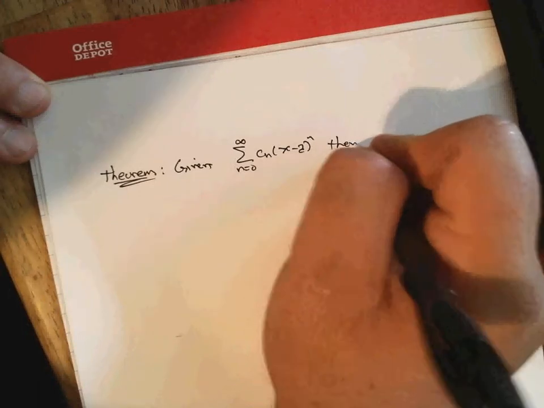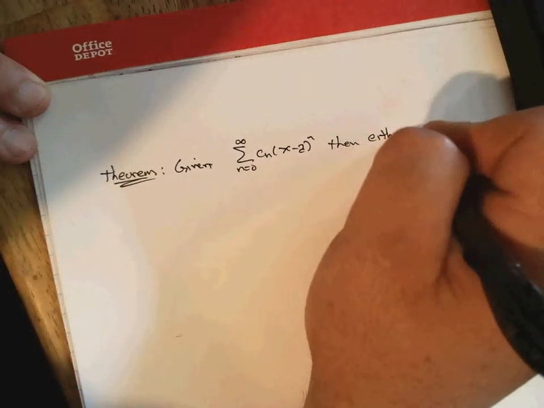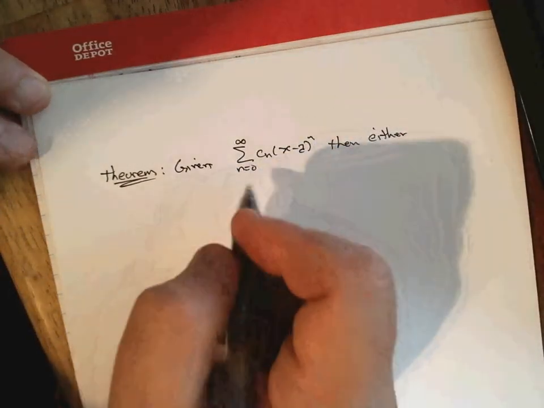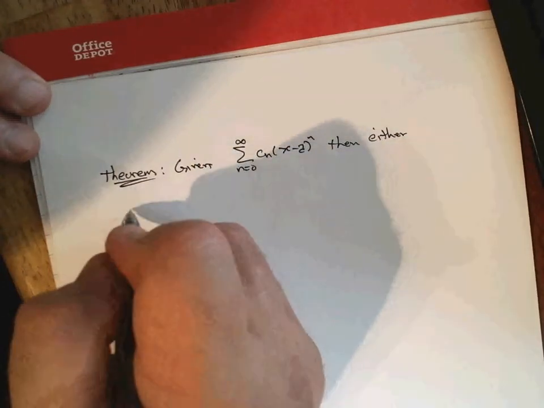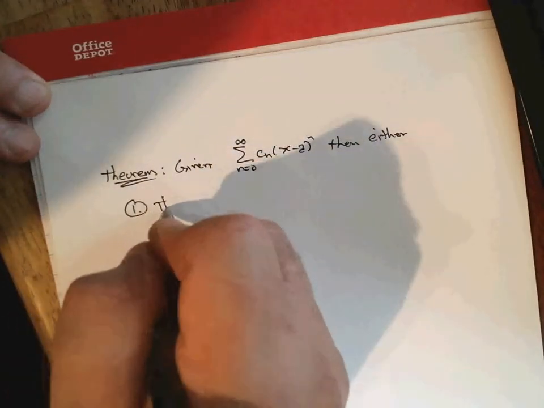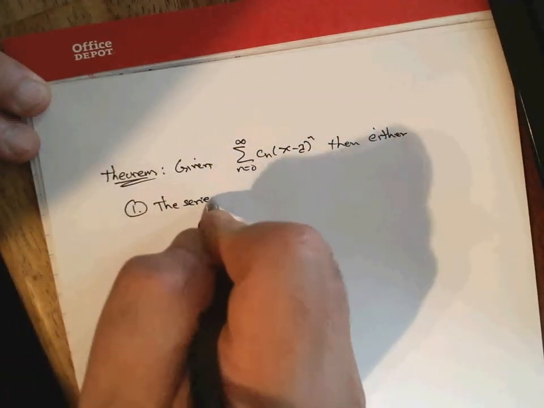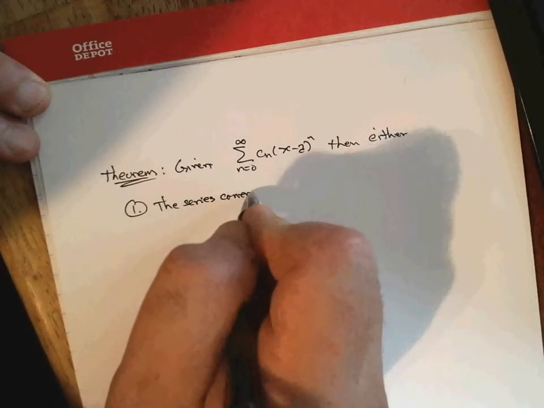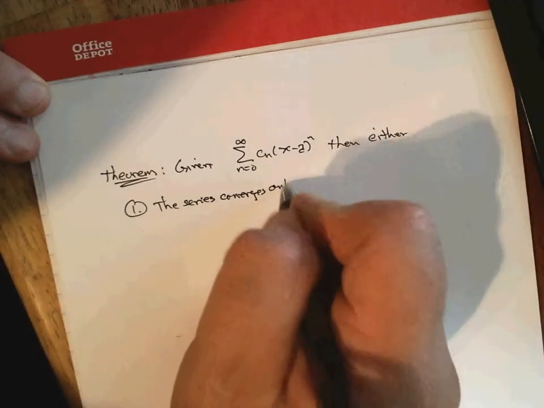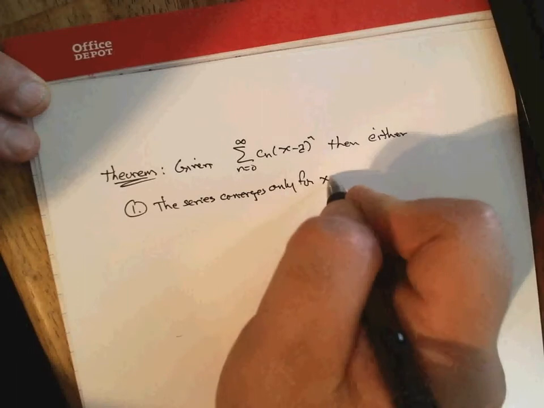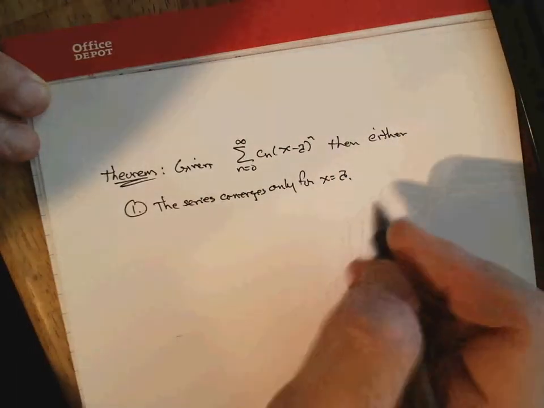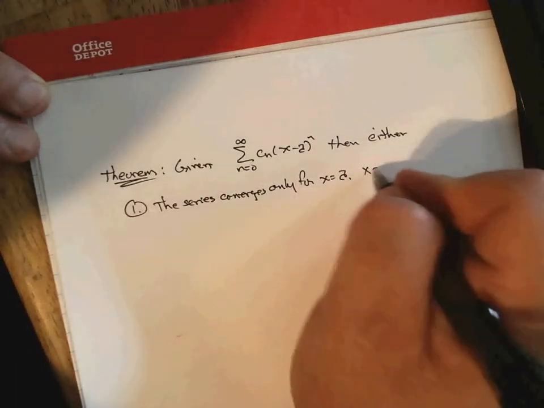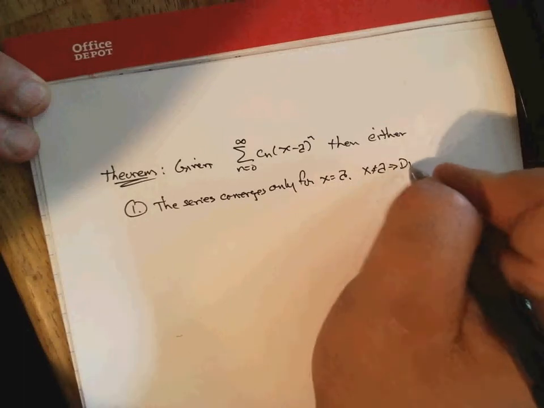Then either this series is going to converge only for one value, and that is x equals a. X is not a means diverges.